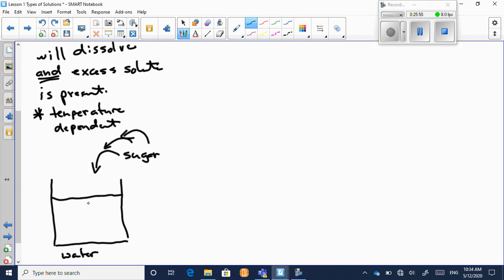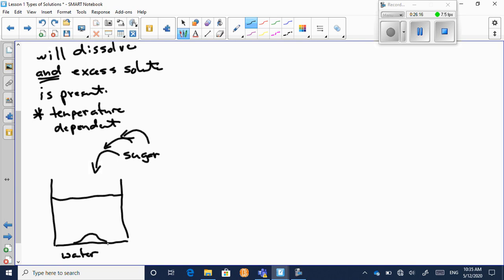In fact, you start building up a little pile of sugar at the bottom. Even though I'm stirring, if I stir and stir and then stop stirring, eventually you see some sugar settling at the bottom. It means that I've reached the saturation point. It means that no more sugar will dissolve. That's what saturated means.